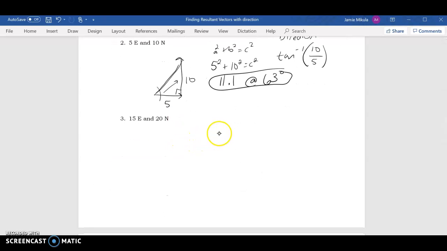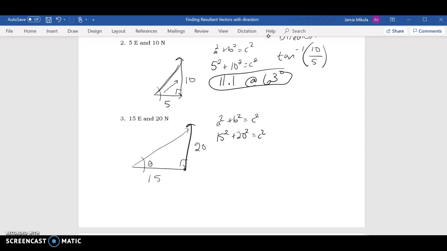Okay, the next one, number 3, you go 15 east. From the head to tail, you go 20 north. So there's your resultant. You're looking for that angle right there, theta. So first let's solve for the resultant vector, a squared plus b squared equals c squared. The magnitude, 15 squared plus 20 squared equals c squared.